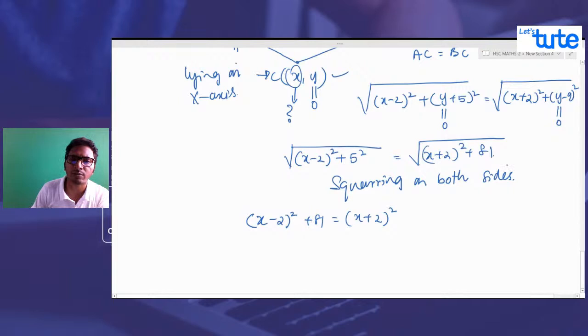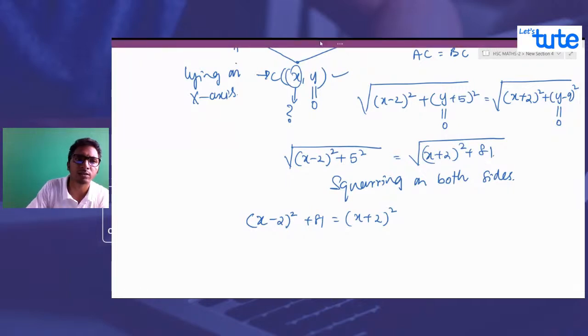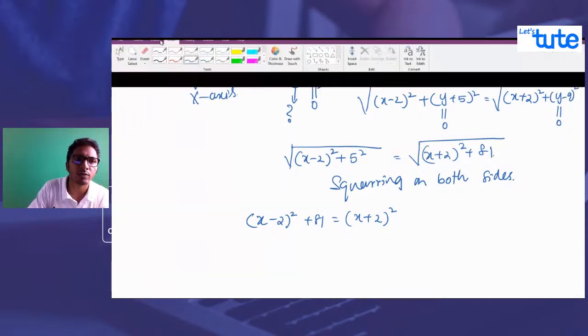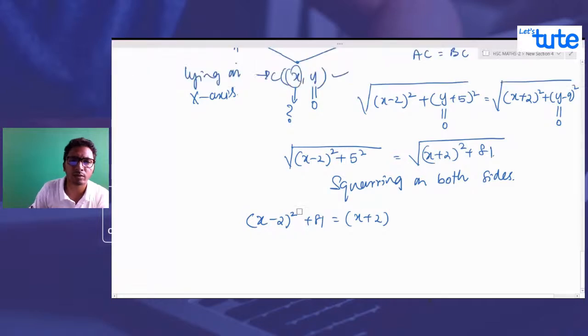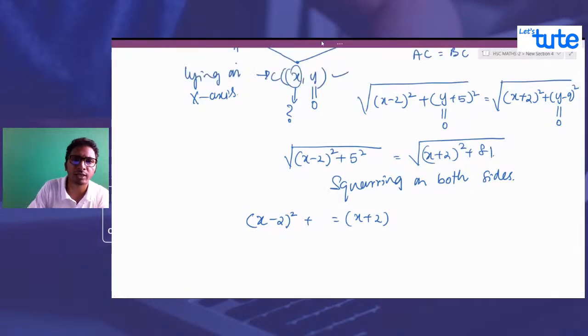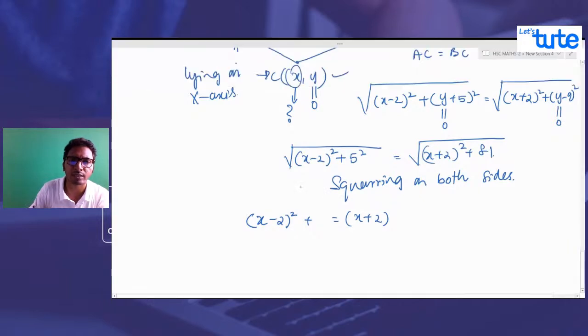Sorry, 81 is from here, I wrote it here. I have to wipe this. It's not 81, it should be 25. Yes, because 5 squared is 25, correct? And x plus 2 squared plus 81. So this is what is happening over here.